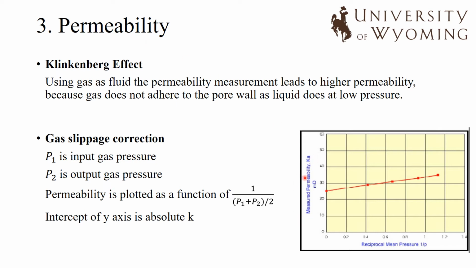So when we plot the absolute permeability against the reciprocal mean pressure across the core, which is 1 over (P1 plus P2) over 2, for each measurement that we do, and we extend this trend until an x value of 0, then this is my actual absolute permeability of the rock without the slippage effect.